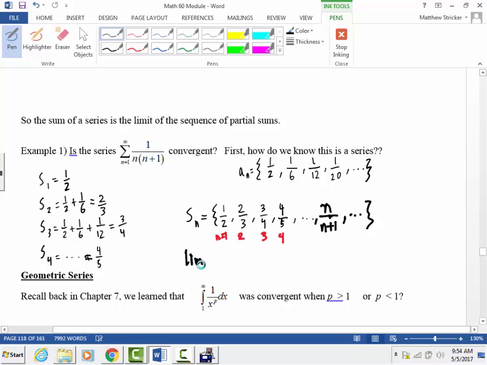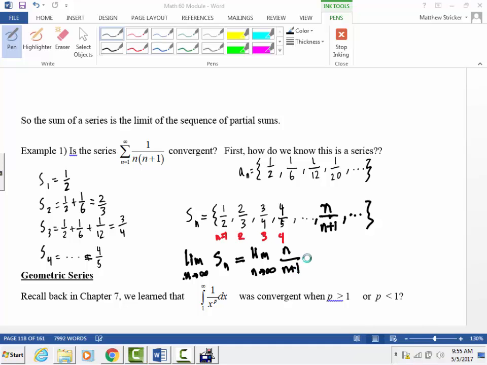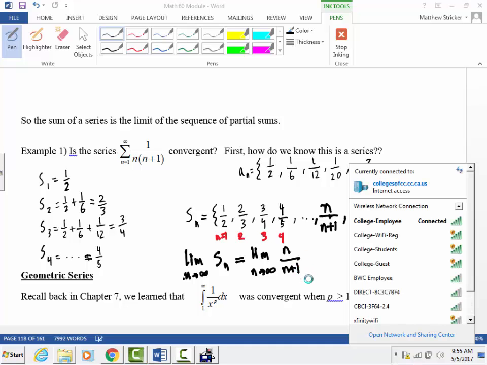Take the limit as n approaches infinity of s of n, which we just figured out the formula for. What's the limit as n approaches infinity for s of n? n over n plus 1. And how do we find that limit?